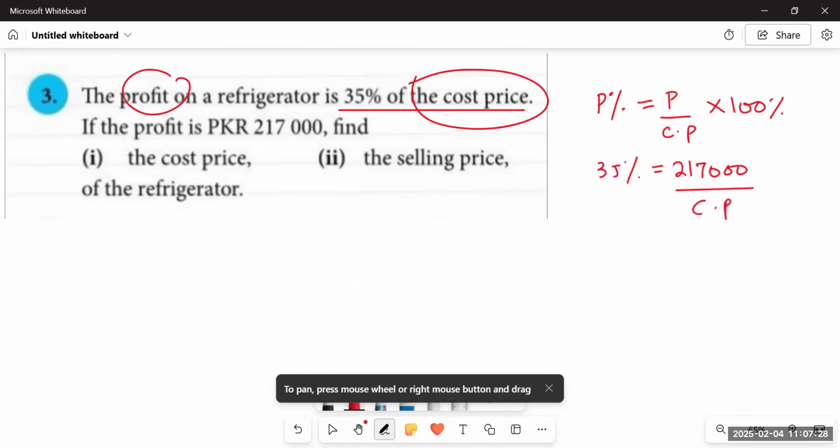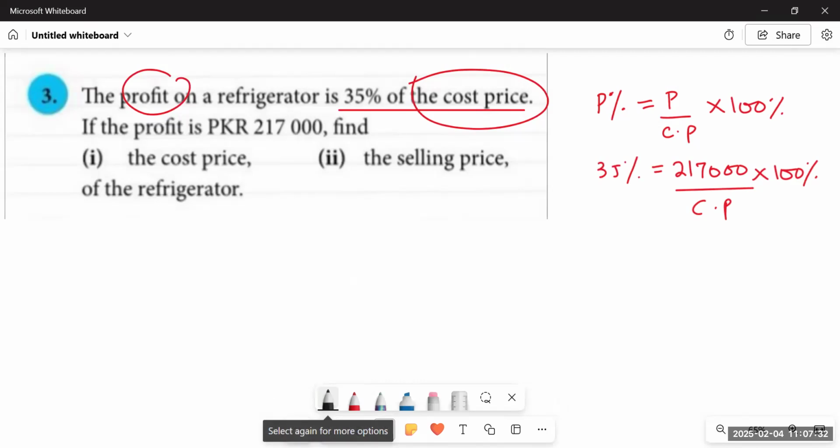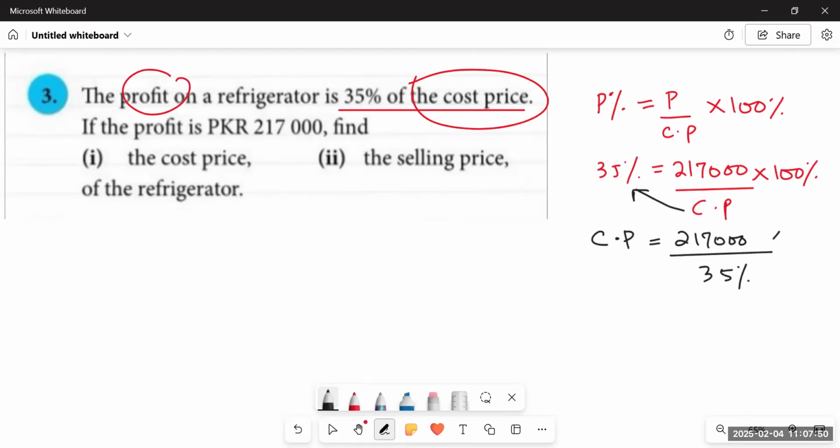So you see, we will make CP the subject. How will we make it the subject? We know that CP is dividing over here. So when we move it to the left hand side, it will take the place of 35% and it would be like this: CP is equal to 217,000 upon 35% multiplied by 100%. So these two percentage signs would cancel each other, right?